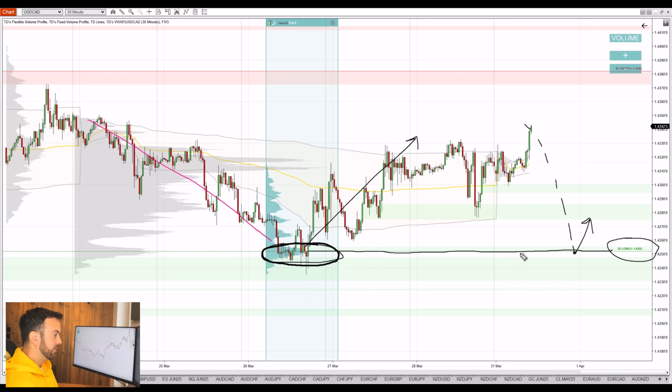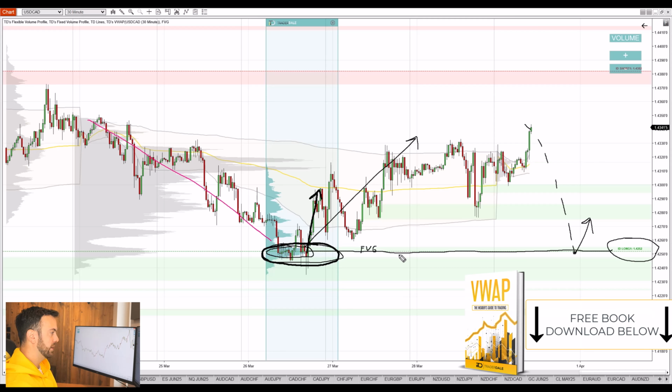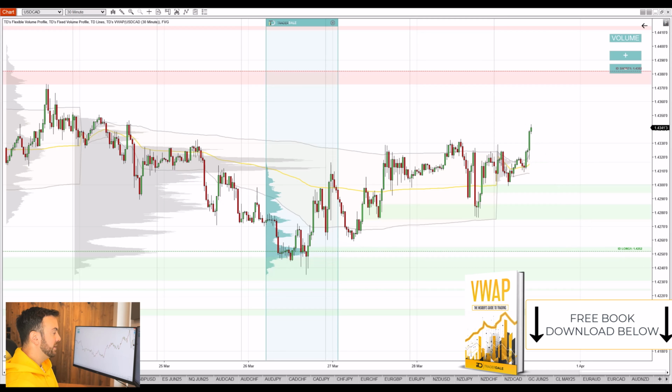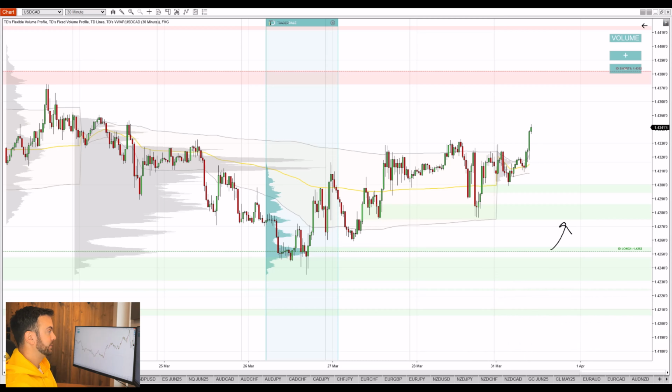Now, the level is exactly at this level because there's this little fair value gap. Also, this is the beginning of this buying activity, and also more or less the beginning of that heavy volume zone, right? So that's why the level is exactly where it is. So right now we just need to wait for the pullback and then take it from there.